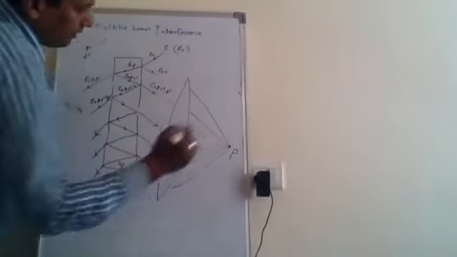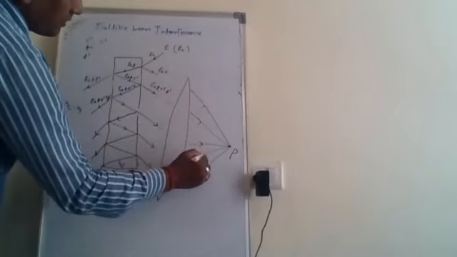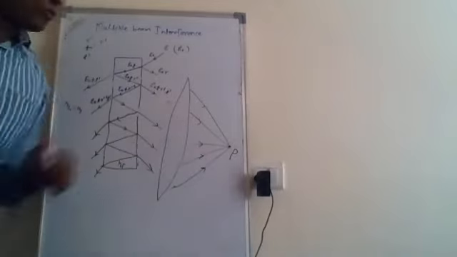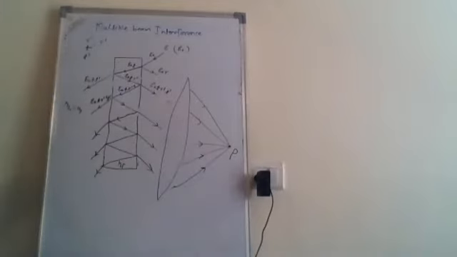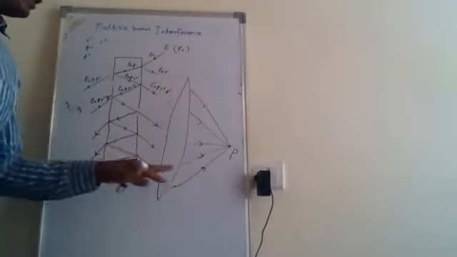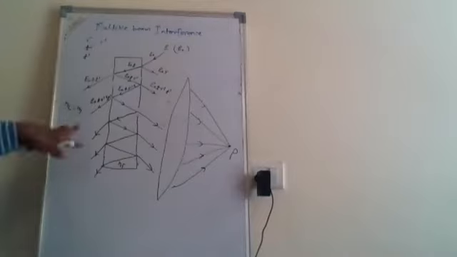This is the point P. So all these rays which are transmitted through this convex lens are going to meet at the focal point, and that is the point P. And then at this point we see the superposition of these light waves, and we see the interference pattern. Okay. So any questions so far? Any doubt? Anybody has?